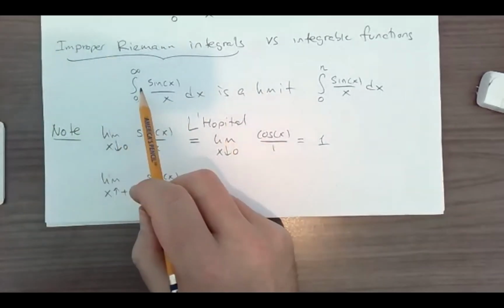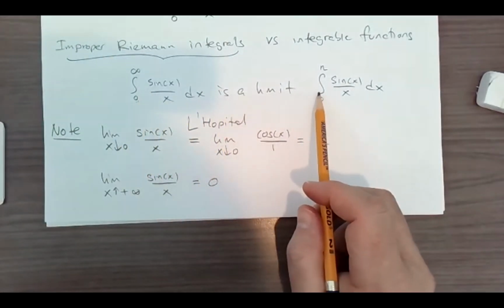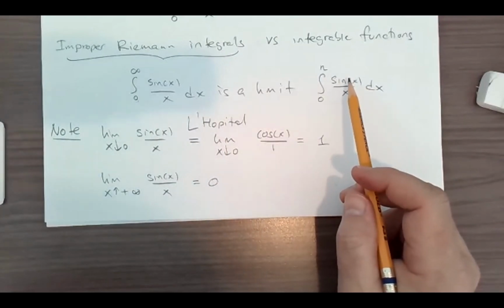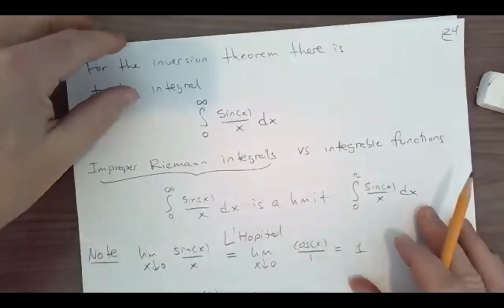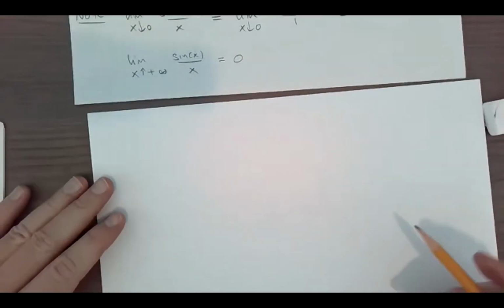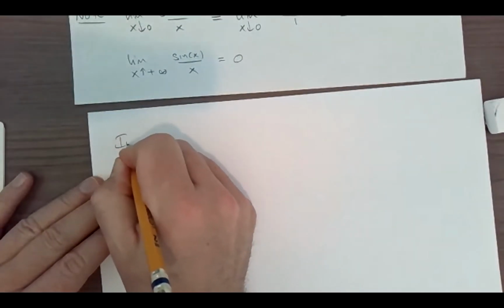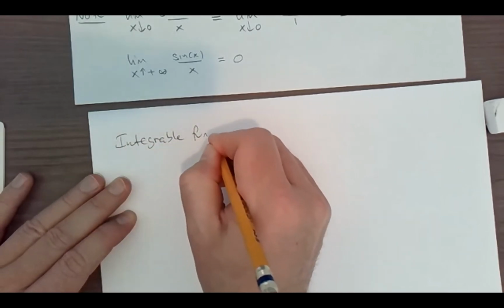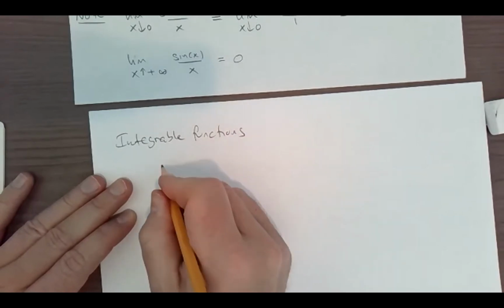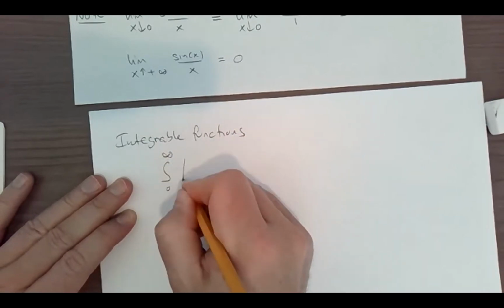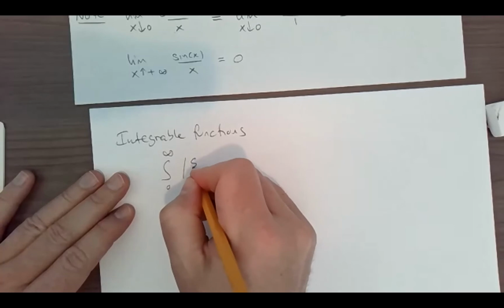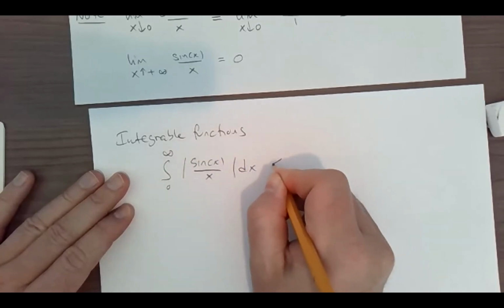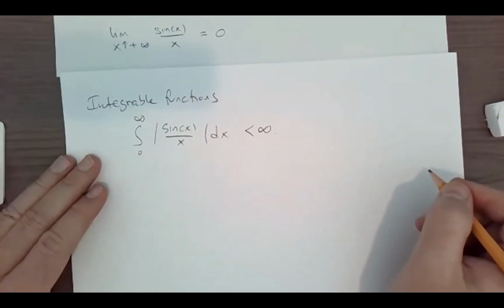So if you do the improper Riemann integral, this is going to be a limit of a quantity like that one. If you want to look at the integrable functions, then we'll need the integral from 0 to infinity of the absolute value of sine x divided by x to be less than infinity.